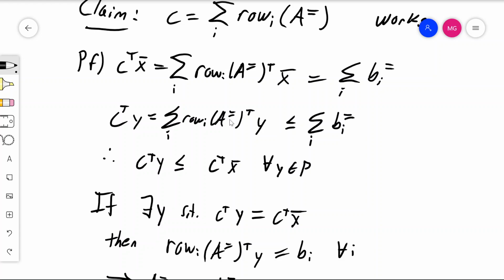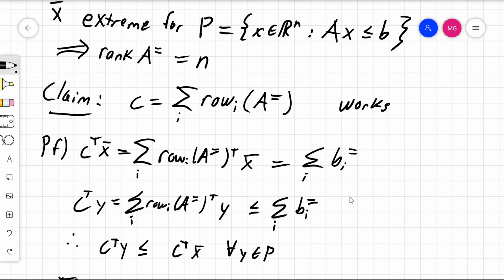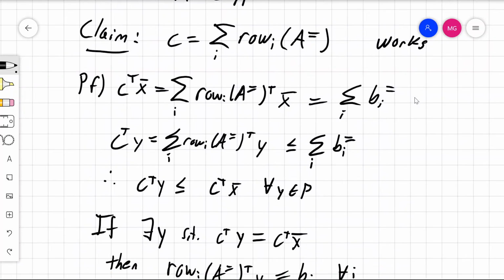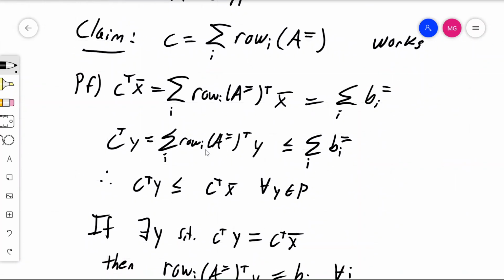For any row of the overall matrix, when you multiply by some vector y in the polyhedron, by the definition of the polyhedron, it must satisfy a less than or equal to constraint. The particular constraint we're looking at is a matrix equality constraint coming from x bar.